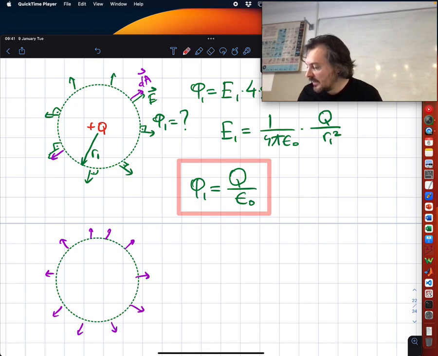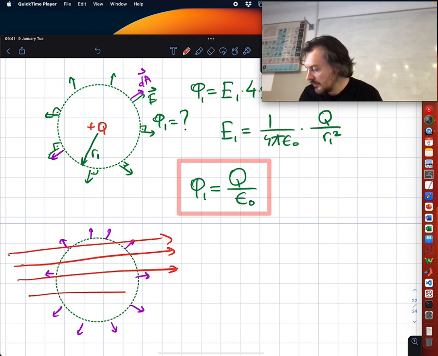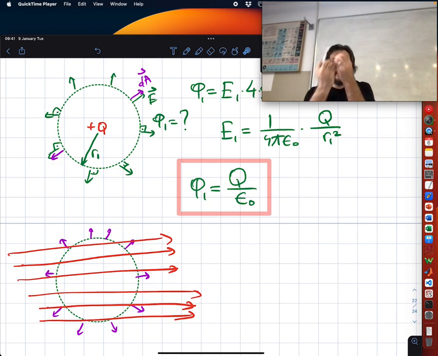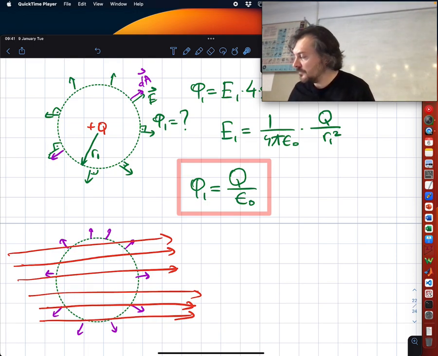If I apply an electric field like this from outside, then the flux is 0, because this one will cancel this one, will cancel this one. But in this case, it's coming from inside. Okay? Very good.